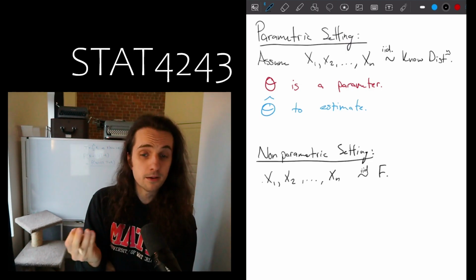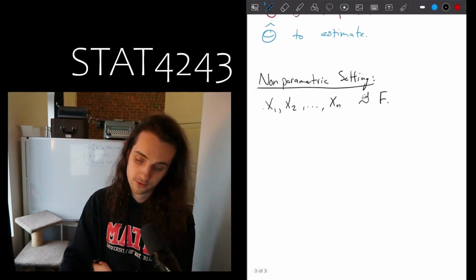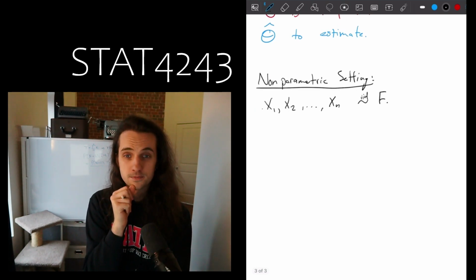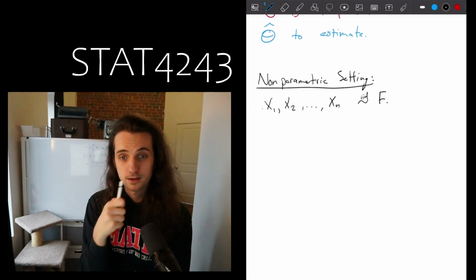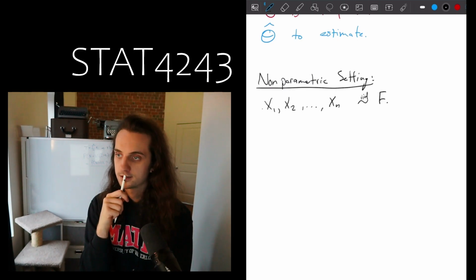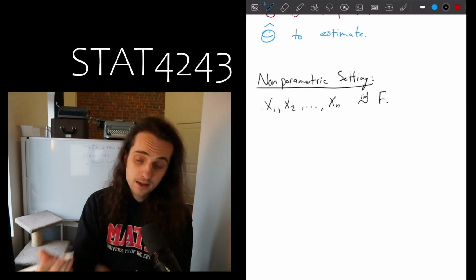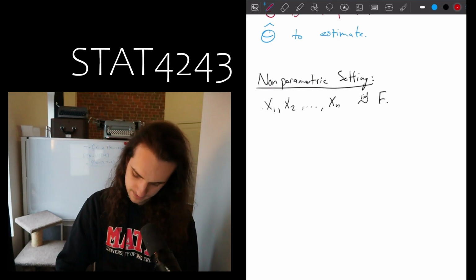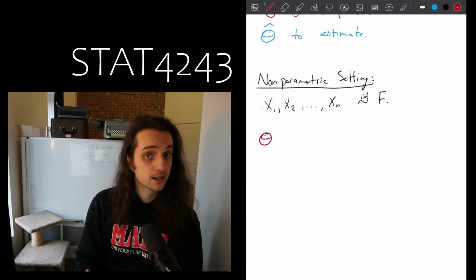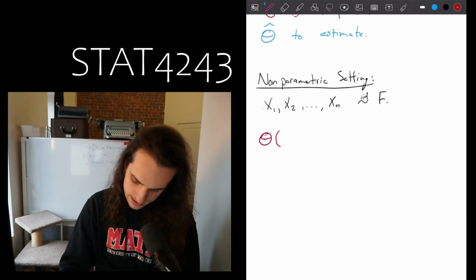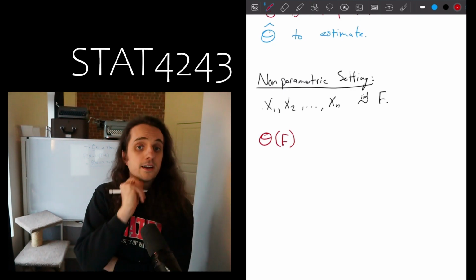The idea is that there's some CDF that is going to be followed by all of these values, but we don't want to say anything about it concretely. And then when we think about our parameters, we'll think about getting theta still, but it's going to be theta as a functional of f.